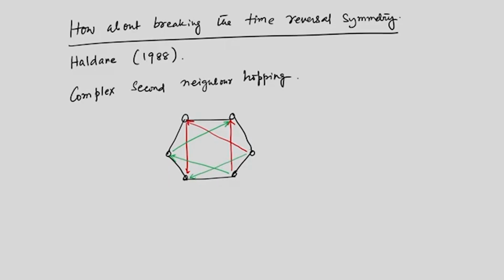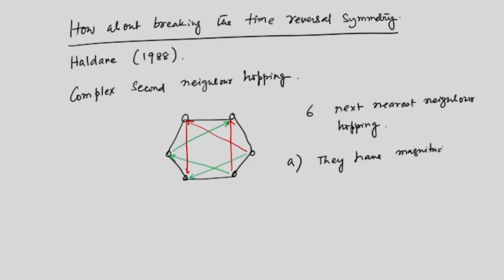So, there are 6 next nearest neighbor hoppings, which have 2 characteristics. One of them is that they have complex magnitude. Let us call this iT2, 2 for second neighbor, and i is the complex number root over -1.